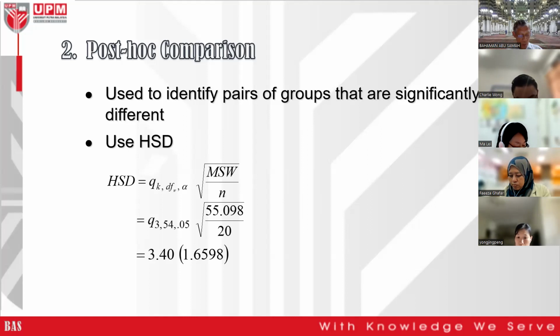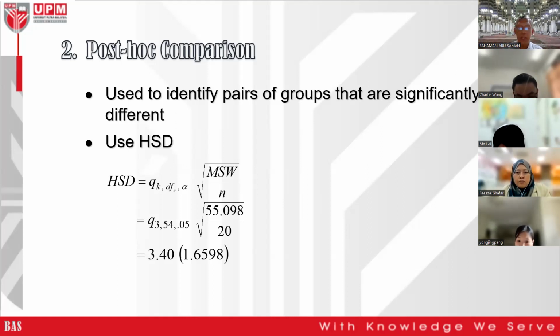Which one is closer? 60. Okay, since we have 0.05 and 0.01, we just refer to the row for 0.05. We get the value to be 3.40. That will be the Q from that table, the percentage points of the studentized range on page 12.